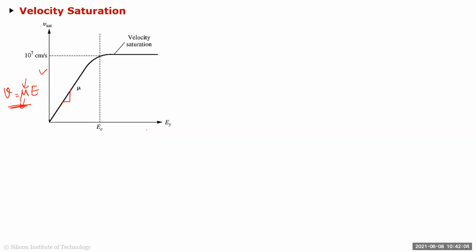Now, we assume that this velocity will keep going up and up if your electric field goes up and up. But at very high electric field, this starts saturating and velocity just saturates, mostly to do with the lattice vibrations, because the more speed the electrons carry, there's more lattice vibrations and you have more of what's called phonon energy.